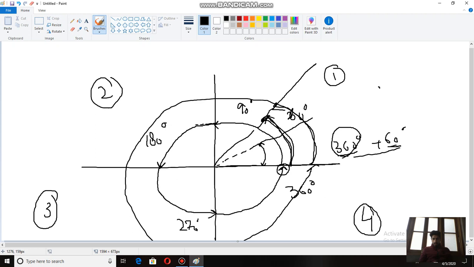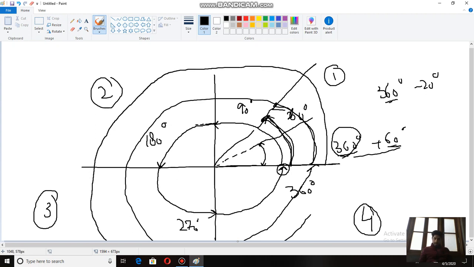If I say you draw this angle 360 minus 20 degrees, that means first we have to draw 360, that means we'll go like this and move to the original position like this. Now it is minus 20. Minus means, I have said that in the convention way of measuring the angle, the positive direction is this anti-clockwise, but it is minus, so we have to move back 20 degrees like this.